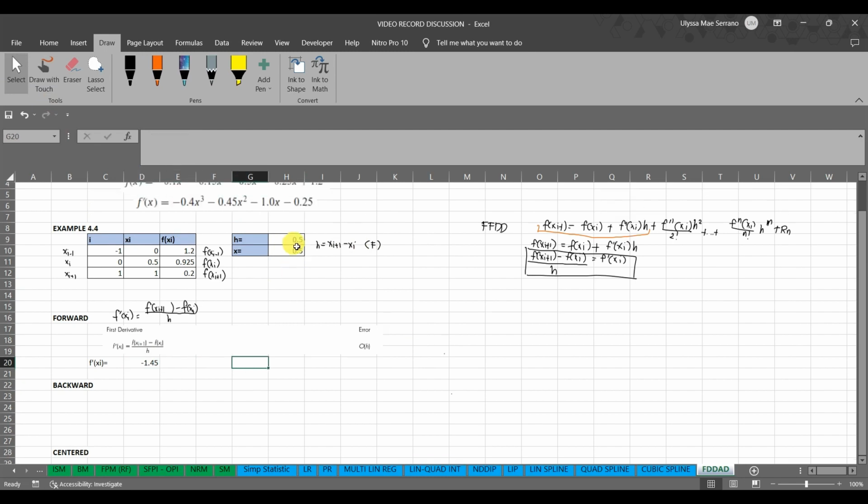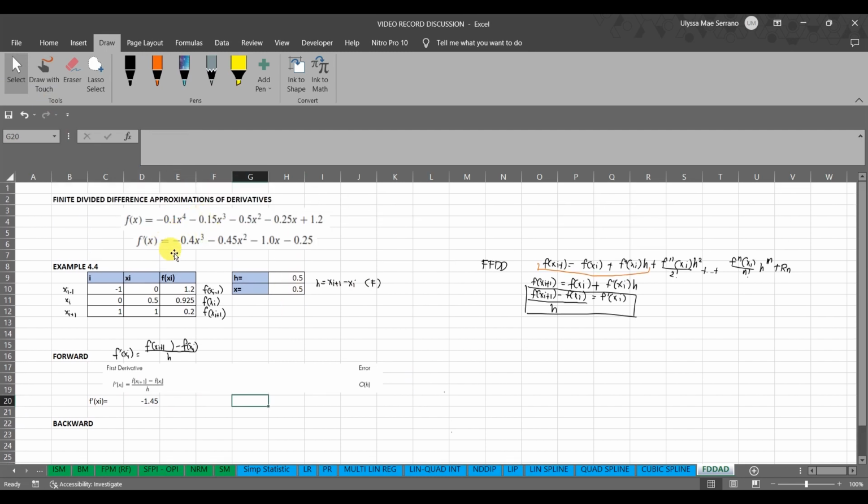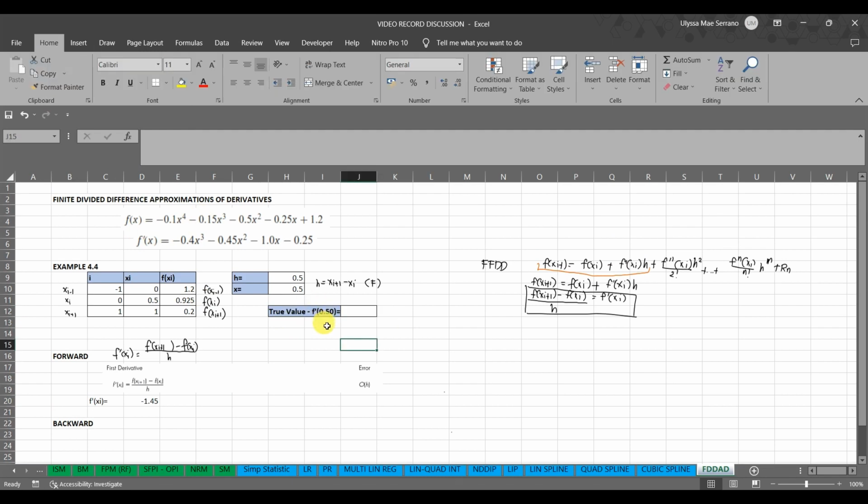And based on the given derived first derivative of the function, we know that the true value of the first derivative of the function at x equal to 0.5 is negative 0.4 multiplied by x cubed, minus 0.45 multiplied by x squared, minus 1 multiplied by the value of x, minus 0.25, which will have a value of negative 0.9125.